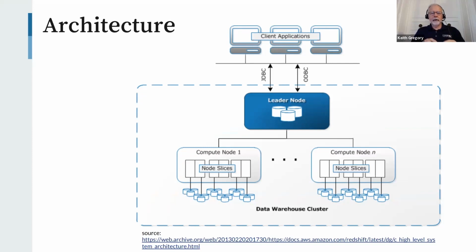The compute nodes are where everything happens. Each compute node, this is what's known as a shared nothing architecture. So each compute node works on its own data. It has locally attached disk, or in the newer Redshift clusters, claims on disk storage. And all the work happens, as I said, on the compute node.